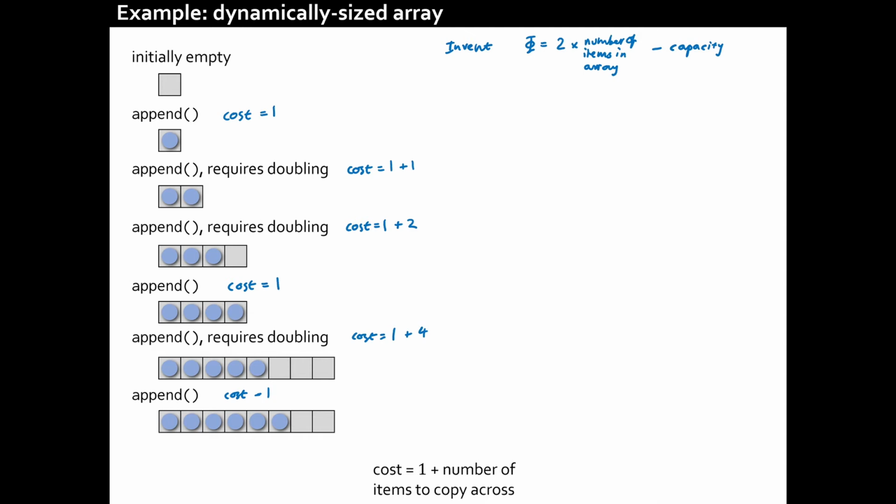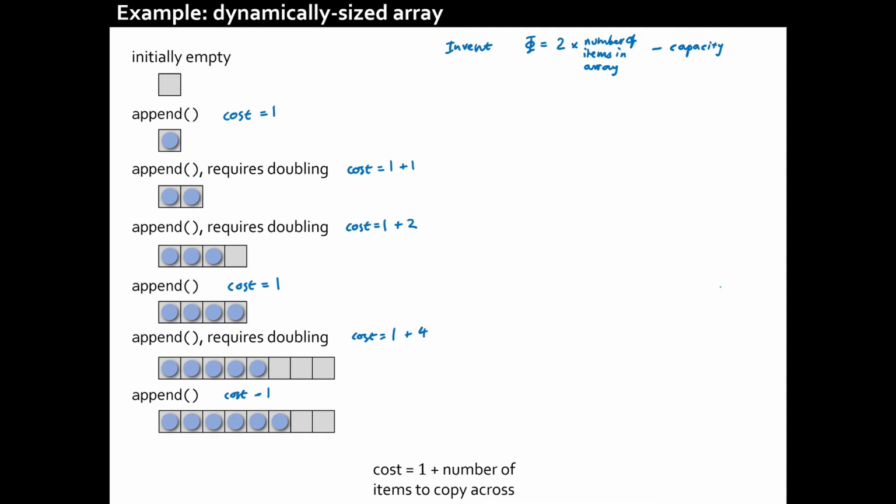Where did I invent this potential function from? Well, we'll look at some examples of potential functions and we'll get more and more experience. So in a few lectures' time, we'll be in a position to ask how do we go about designing potential functions for new problems. But for now, I want you to just take this as a given potential function which I'm going to arbitrarily invent.